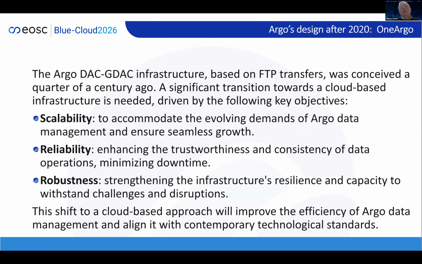A significant transition towards cloud-based infrastructure is now needed, driven by the following key objectives, and in particular the One Argo target: scalability to accommodate the evolving demand of Argo data management and ensure seamless growth; reliability, to enhance the trustworthiness and consistency of data operation to minimize downtime; robustness, to strengthen the infrastructure resilience and capacity to withstand challenges and disruptions. This shift to a cloud-based approach will improve the efficiency of Argo data management and align it with contemporary technological standards. And here we will benefit from the Blue Cloud activity. It's not an improvement, it's really that we have to prepare for a big step toward One Argo.